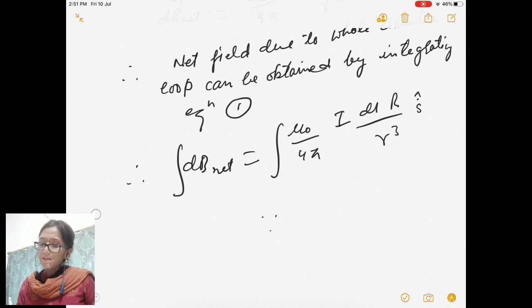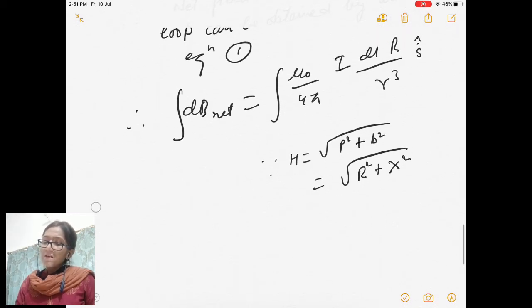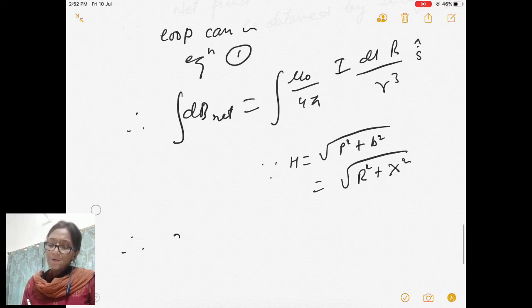This hypotenuse. Since hypotenuse is equal to root under perpendicular square plus base square, this is equal to root under R square plus x square. So we will put the value of r here.